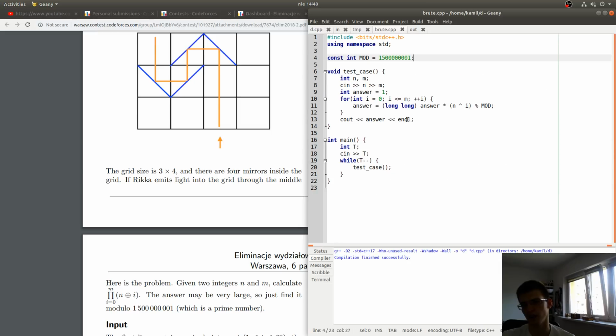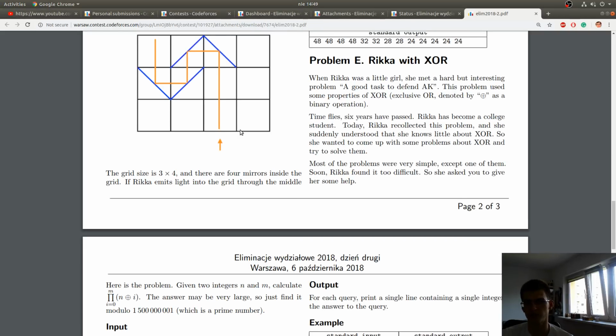Create a very simple brute force, then implement your solution and check if it works fast enough on big tests and if its answers match the brute force. Then it means it's okay.